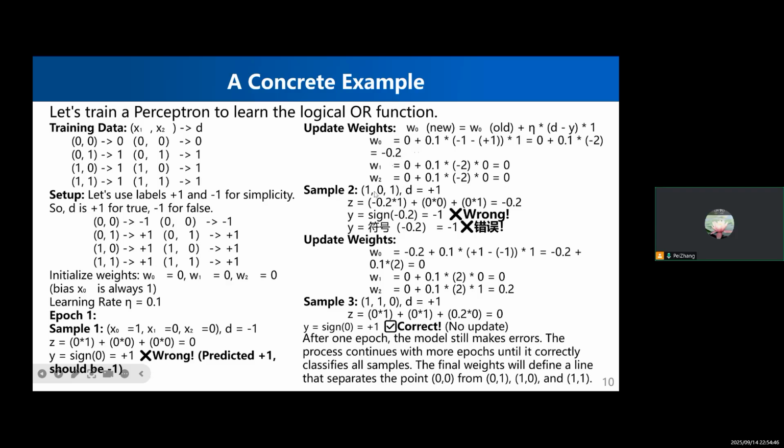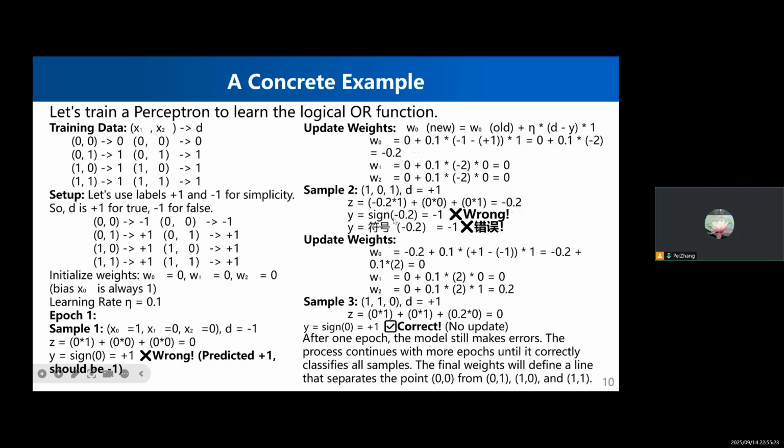For sample 2, x0 is 1, x1 is 0, x2 is 1, and the true value should be +1. The z value is -0.2 multiplied by 1 plus W1 which is 0 multiplied by x1 which is 0, plus W2 which is 0 multiplied by x2 which is 1, so it is -0.2.